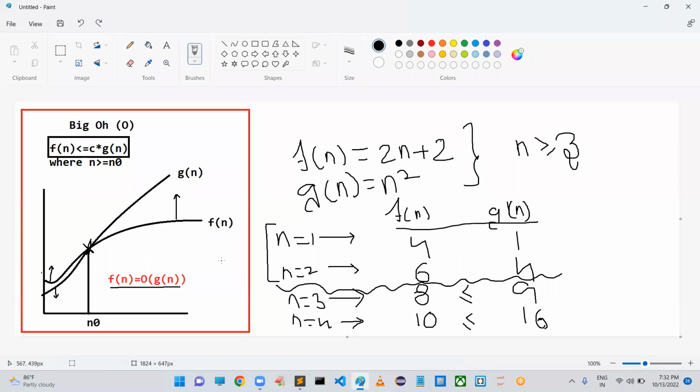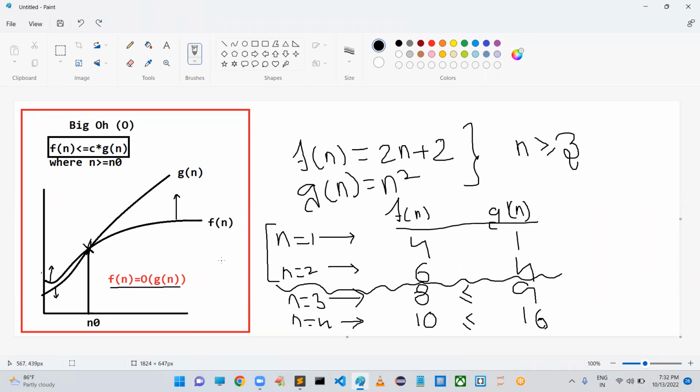There is no guarantee that g of n is initially less. There may be a g of n starting from 1 itself that can increase drastically. Functions mean that if you substitute some values, the first function result will be something and the second function result will be something.